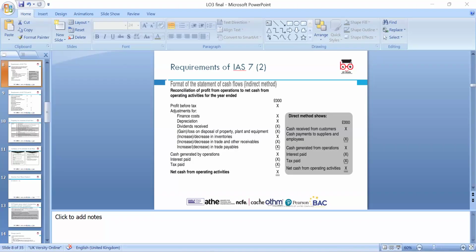Then you have the financing. If you issue more shares, that is a cash inflow. If you buy back shares, the cash balance is reduced. An increase in the bank loan also increases the cash flow. And for the dividend paid, if your non-current liability decreased, it means cash went out from the business, so we need to make an adjustment accordingly.